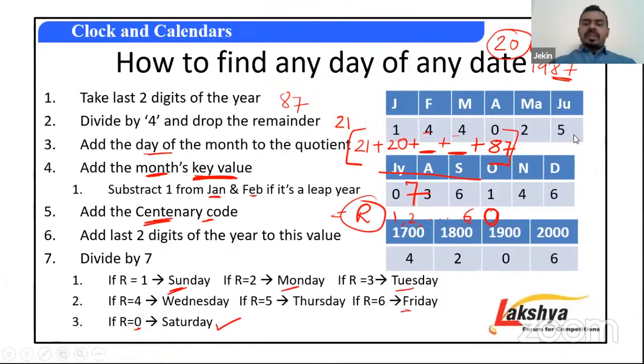So these are the months given, 12 months starting from Jan to December. Against that, you have different codes mentioned: 1, 4, 4, 0, 2, 5, 0, 3, 6. Similarly, below you have centenary codes: 1700, 1800, 1900, 2000, and against them you have different codes.